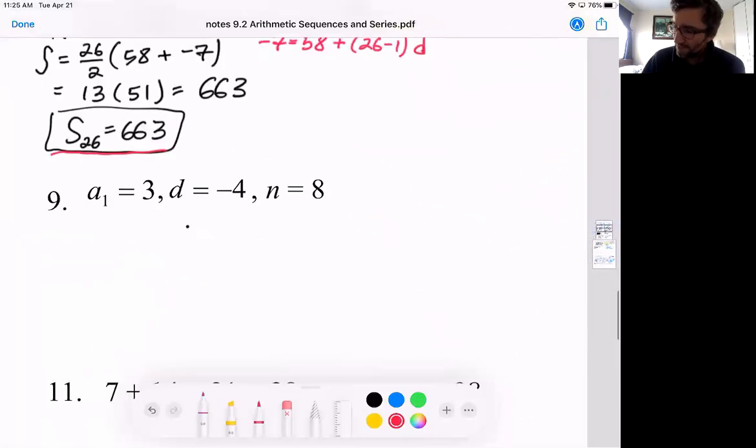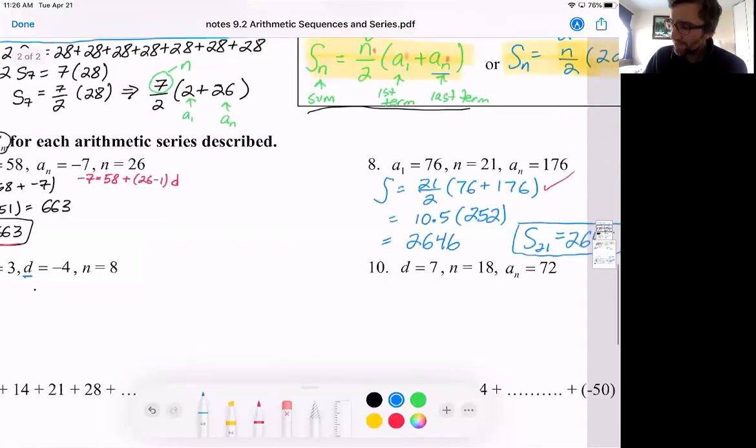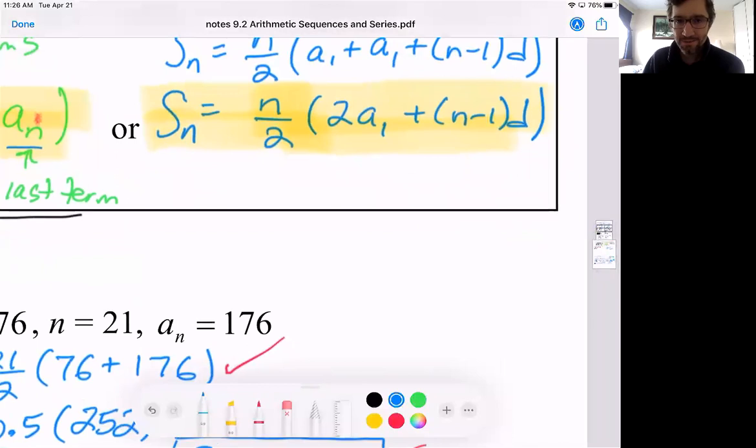All right, let's look at number 9. Number 9, you'll notice, is different because we don't know the last term. So in that case, if we go back up to our formulas, this formula right here is the one we'd use, because this one has d in the formula.